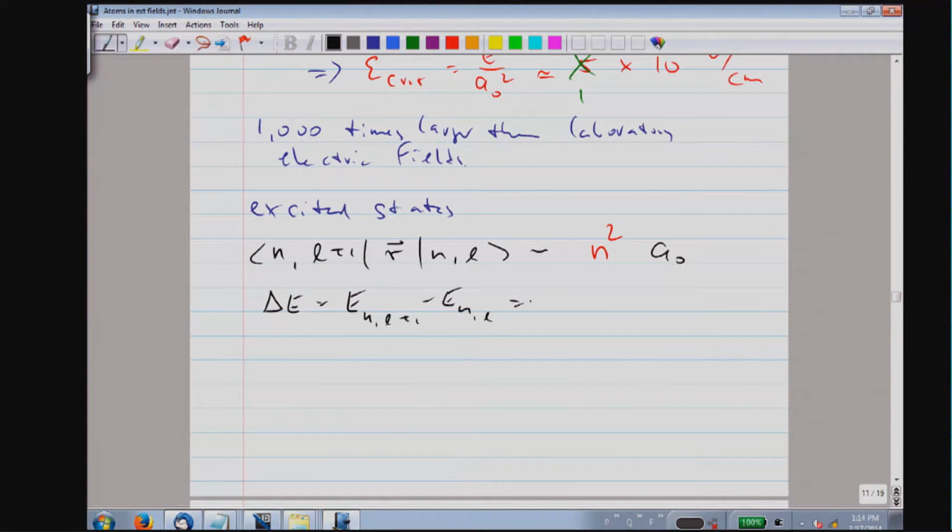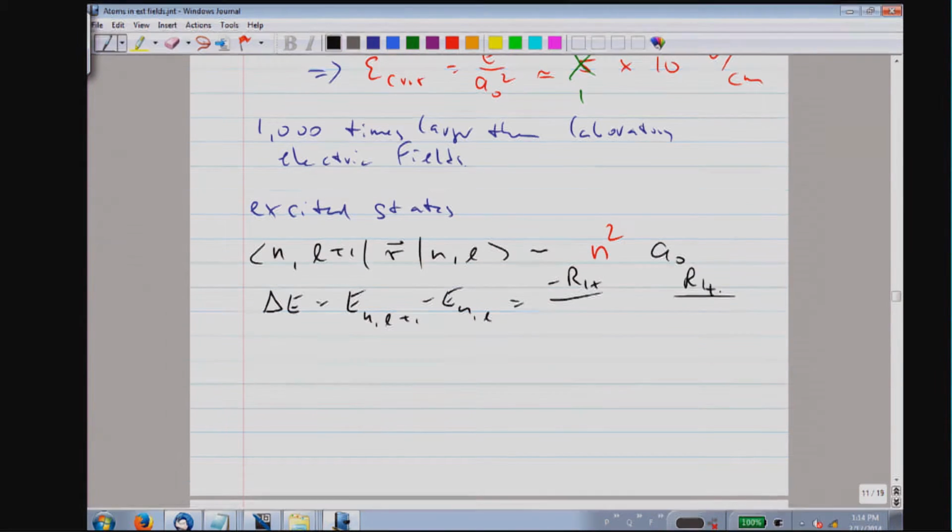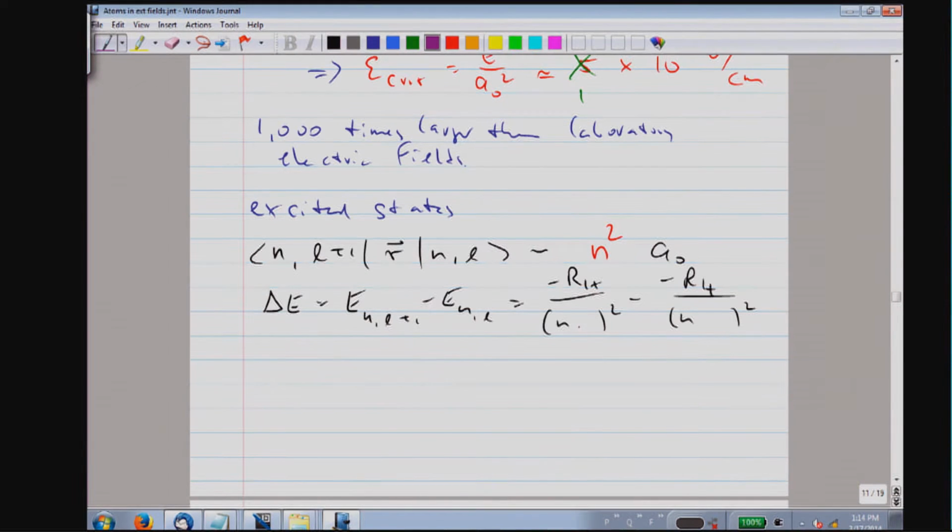So if we compare the energy of two L states, they scale as 1 over n squared, but for different L states, we have different quantum defects, delta L plus 1, and here we have delta L.